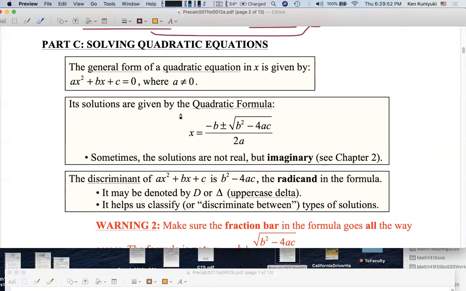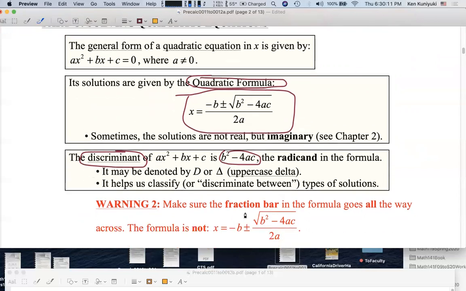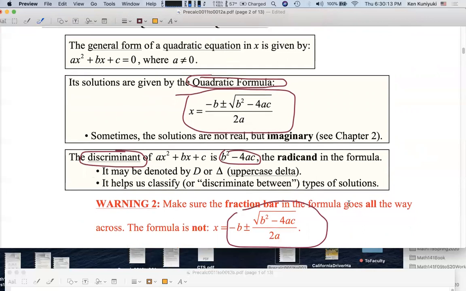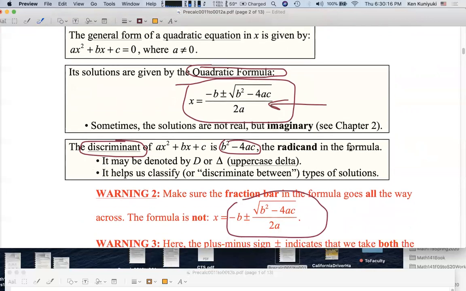Well, we can use the quadratic formula, given famously by this. x equals the opposite of b, plus or minus the square root of this thing, the discriminant, b squared minus 4ac, and that's all over 2a, all over 2a. Please don't do this. Make your fraction nice and long there.